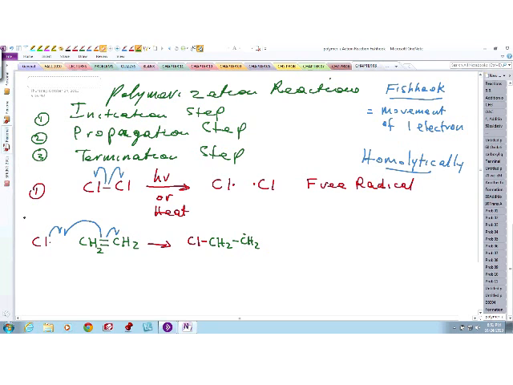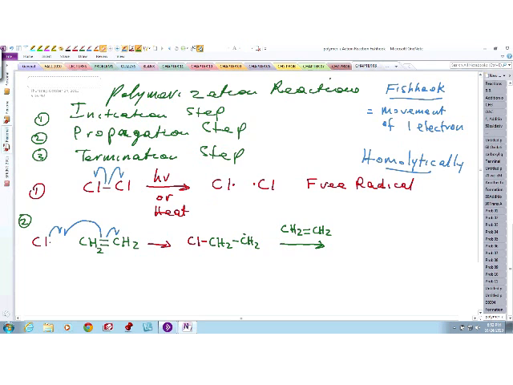Okay? So this step here, this is the propagation step. We are now starting the propagation step right here, step 2. So this chlorine free radical reacts with an ethylene molecule. In the process, you are going to form a free radical on this carbon here. And once you form that free radical on that carbon, then that reacts with another molecule of ethylene.